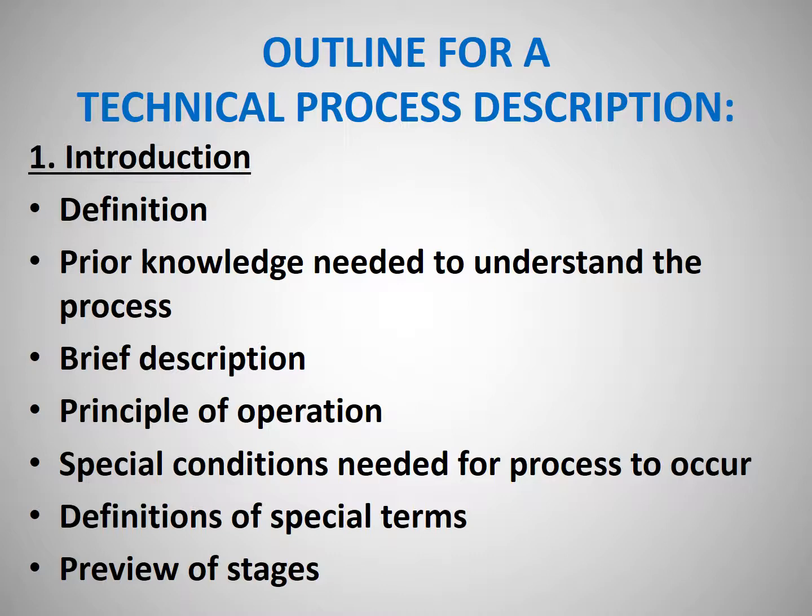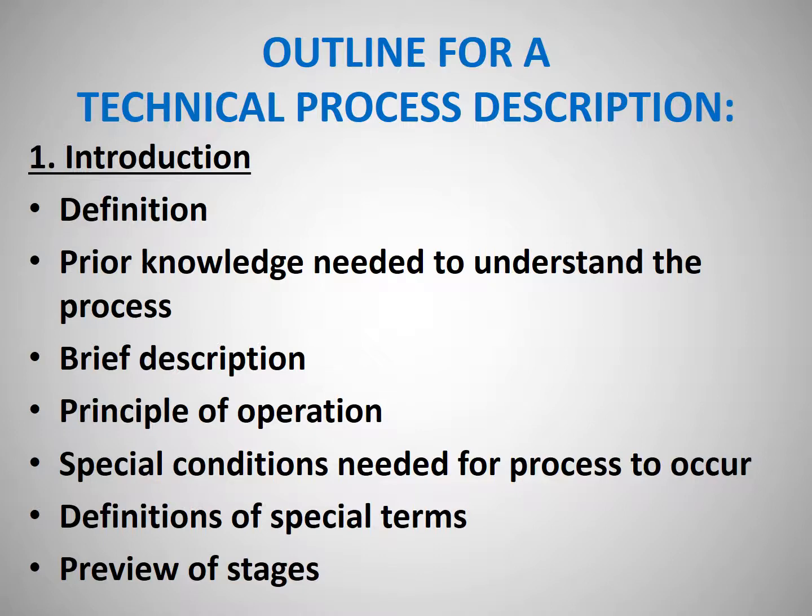So I want to think about what my reader needs to know in order to fully understand this process that I'm about to describe. So, a brief description of the process, principles of operation, how the process works overall, and are there any special conditions needed for the process to occur?